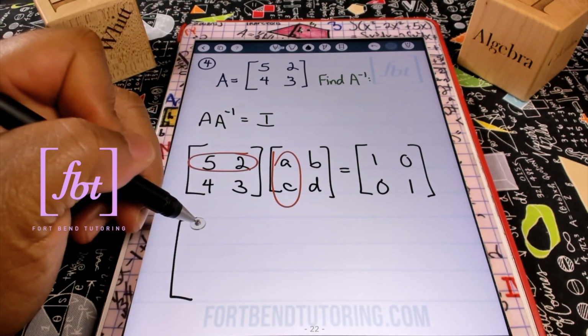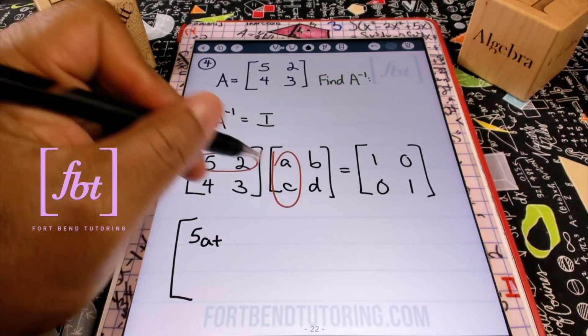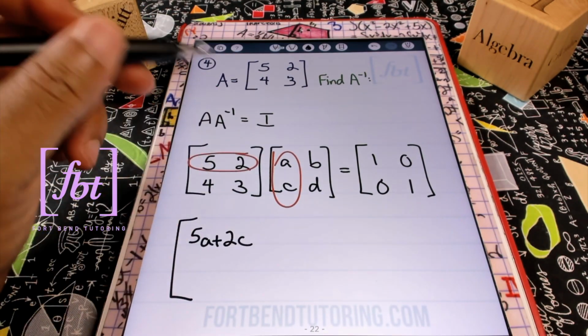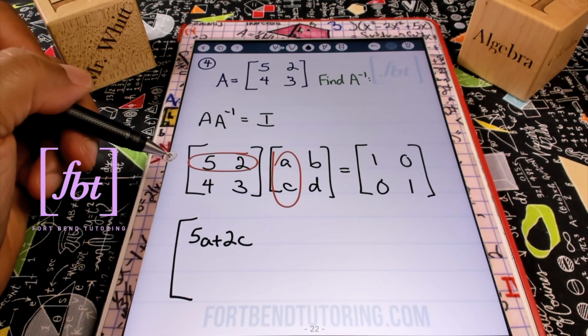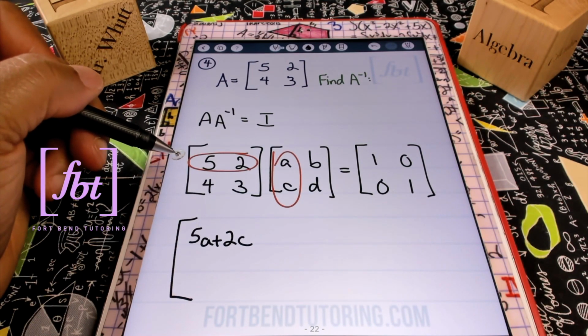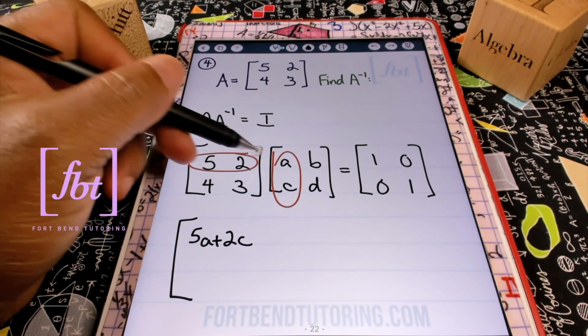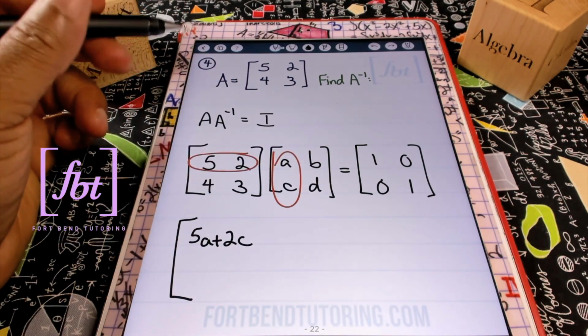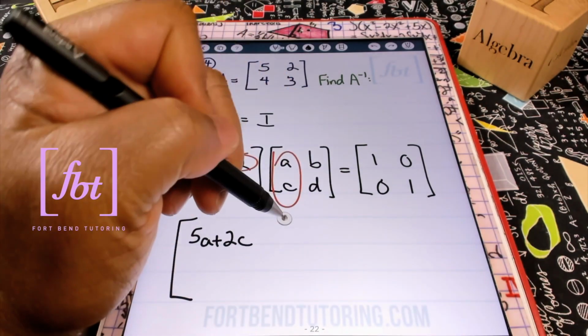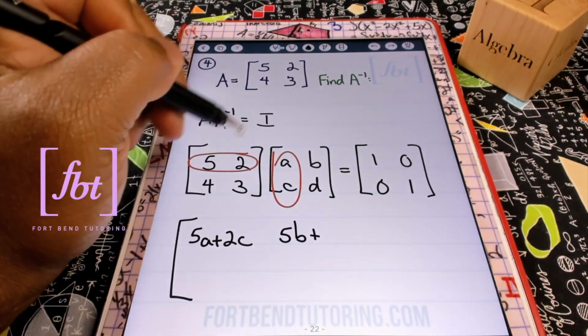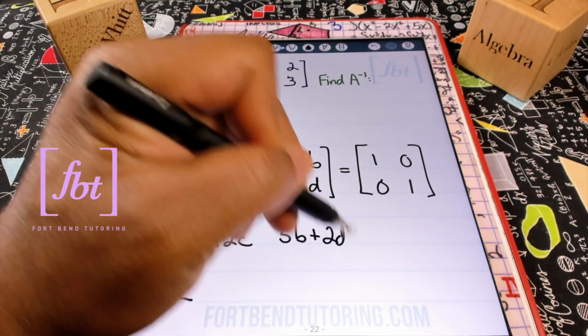5 times A is 5A, plus 2 times C gives me 2C. This is the value for the upper left-hand part of our matrix. Now we continue by going across the first row and down the second column. So you'll have 5 times B is 5B, plus 2 times D gives you 2D.